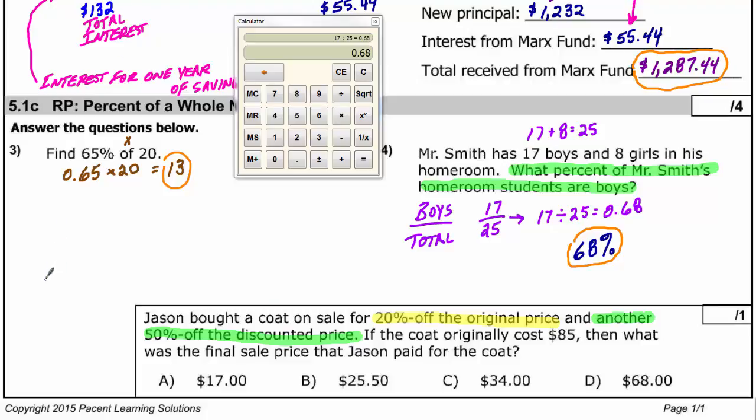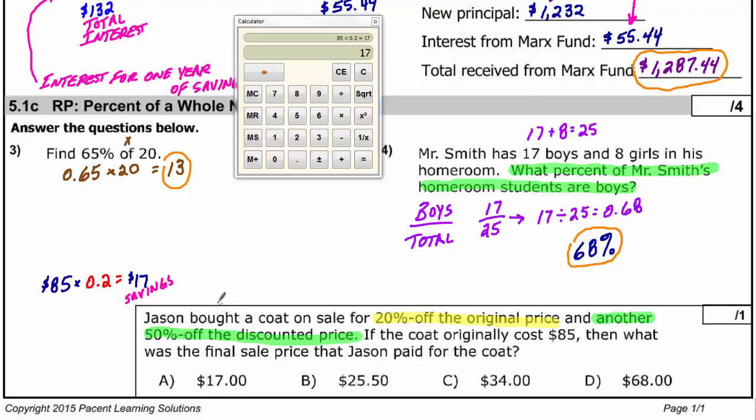So the first thing we have to do is we have to take the $85 and we have to multiply it by the 20% savings off the original price. So when we take 85 times the 20%, we get $17. That $17 is the savings.